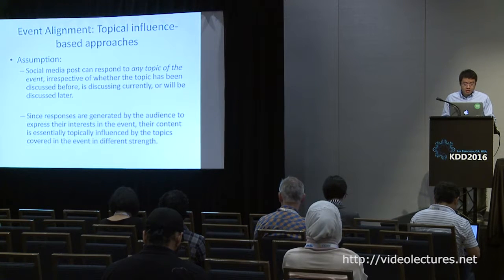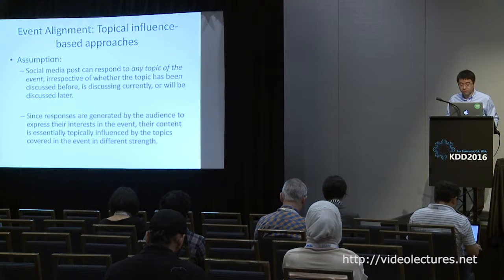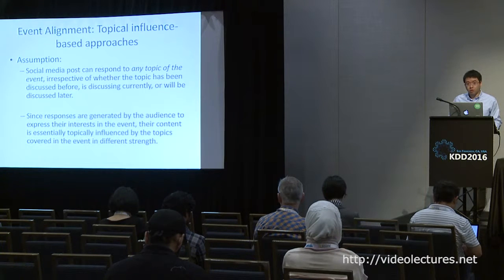And on the other hand, since we are modeling the topic inference, we will say that the topic inference from the event to its corresponding tweets has different strengths. This is because the responses on social media are generated by the audience to express their interest in the event.